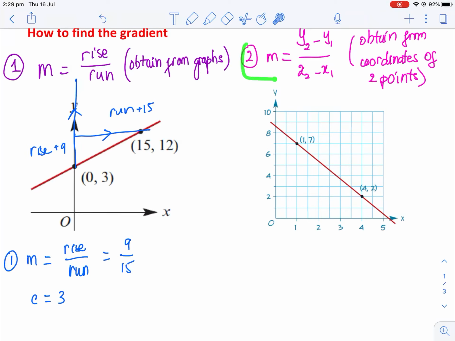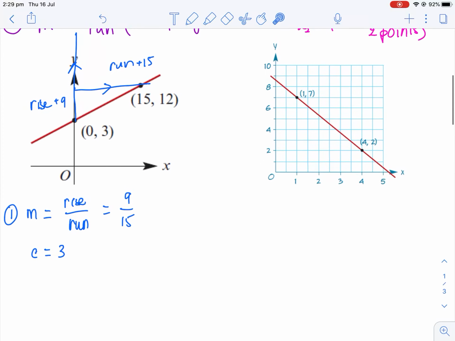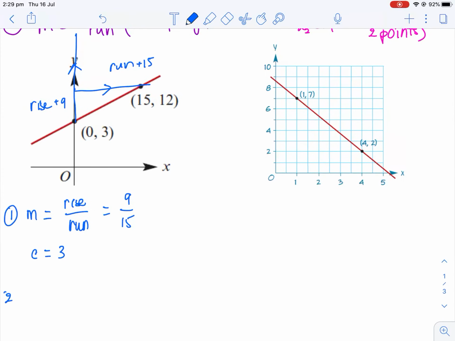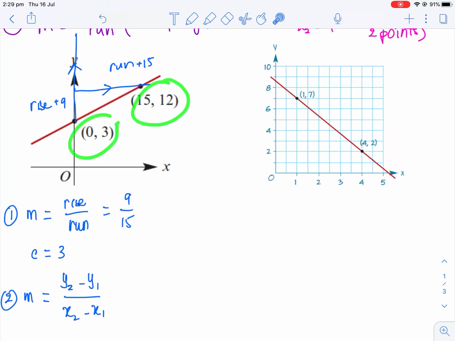Now I'm going to use the second method to find the gradient and see if it's exactly the same answer or not. With the second method, gradient m equals y2 take away y1 over x2 take away x1. You need the coordinates of two points, and we have them here.